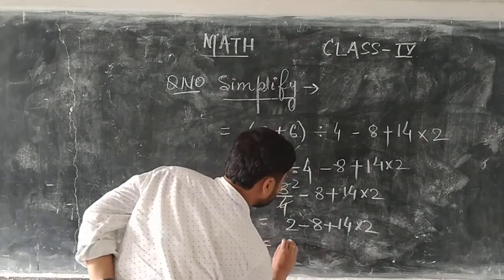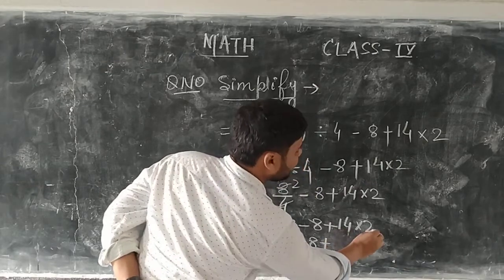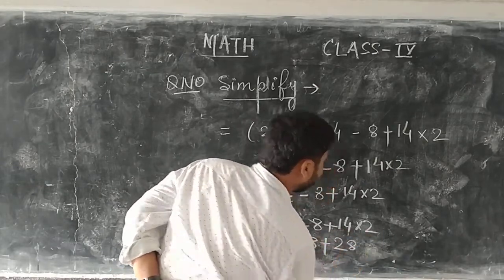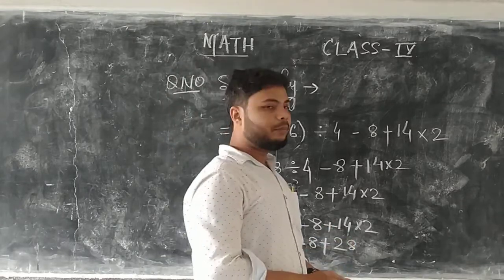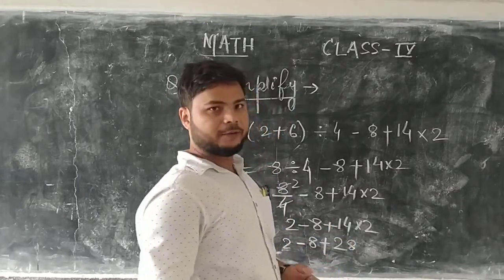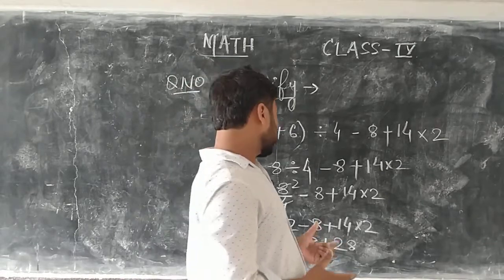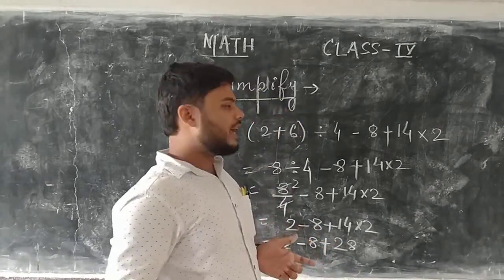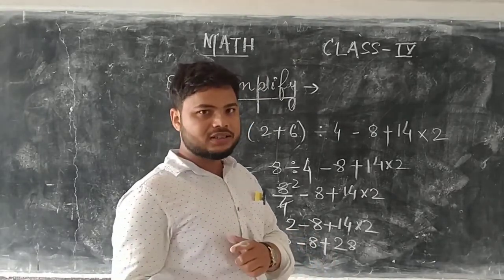Means 2 minus 8 plus 14 times 2, which is 28. We have completed the multiplication work. The remaining two operations are addition and subtraction. But as we know in BODMAS, addition comes before subtraction, so we will work on addition first and after that on subtraction.